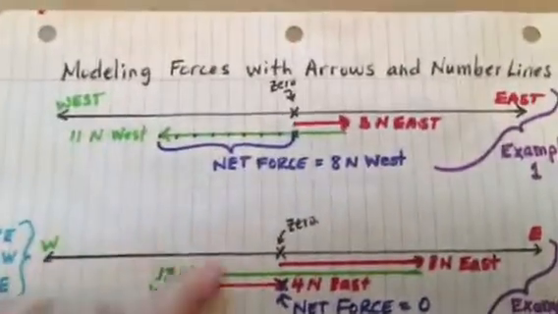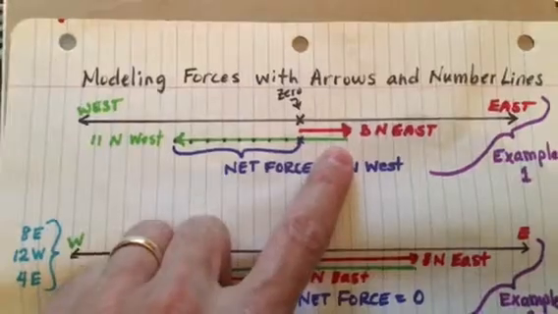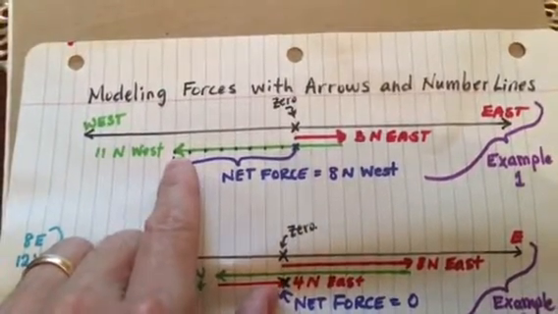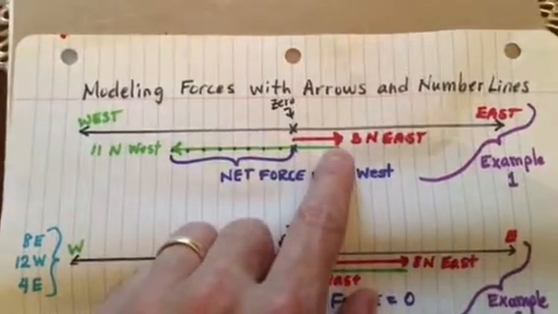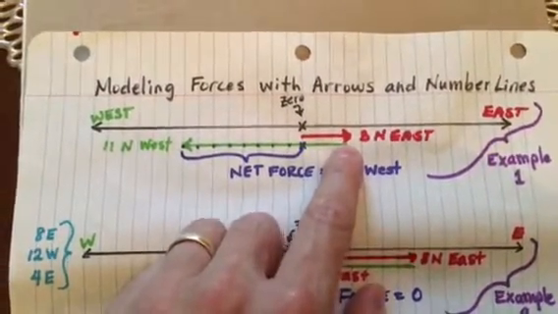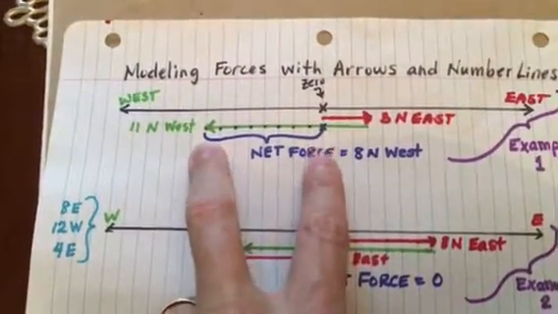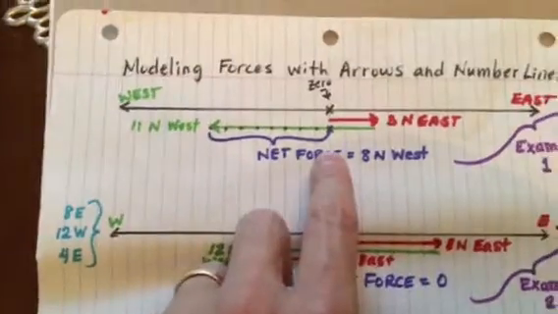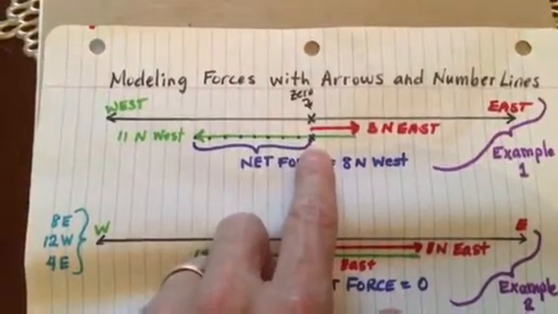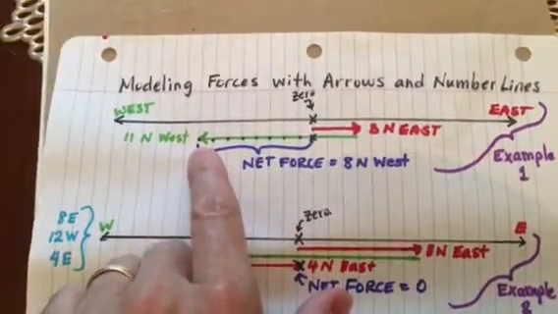And you can see that here, because after you add the 11 newtons to the west to the finish of the 3 newtons to the east, you wind up with a difference of 8 newtons to the west, and that means a difference of 8 newtons if you start from the 0 point and count to where the 11 Newton line finished.